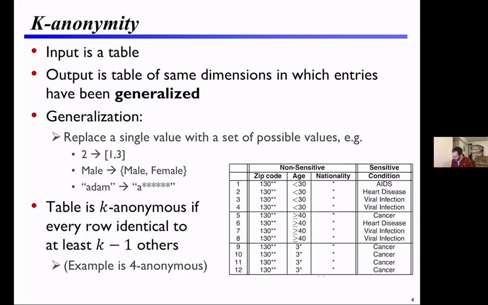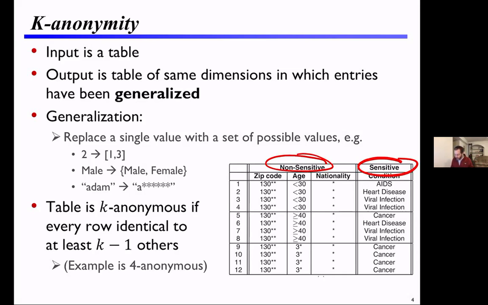In fact, the idea of k-anonymity is to partition the attributes into non-sensitive and sensitive attributes. Non-sensitive ones are the ones that are assumed to be present in other data sets to which the attacker might have access. So these are things that might be used for a linkage attack.